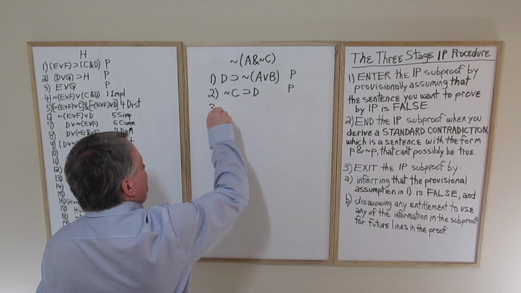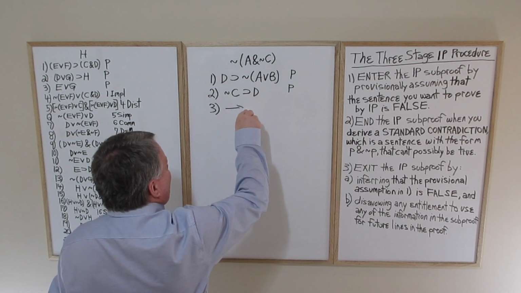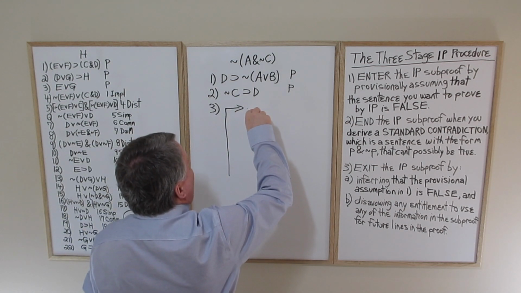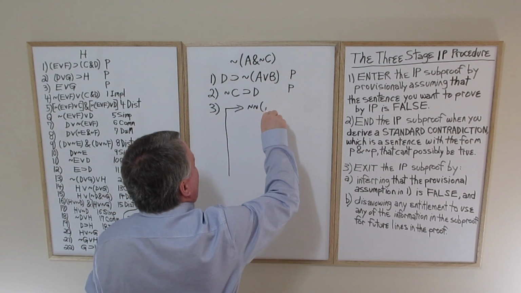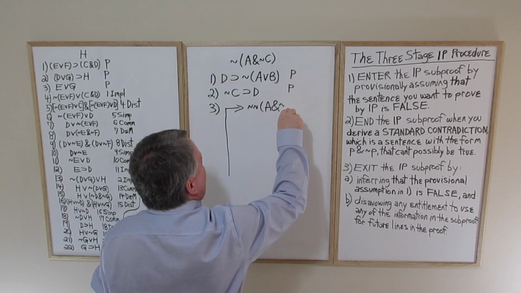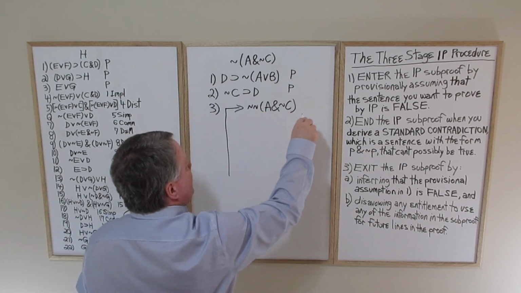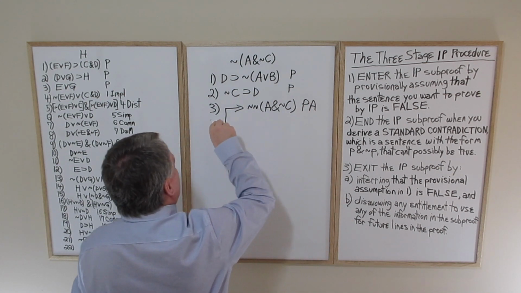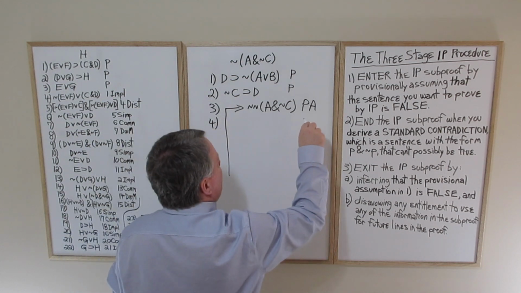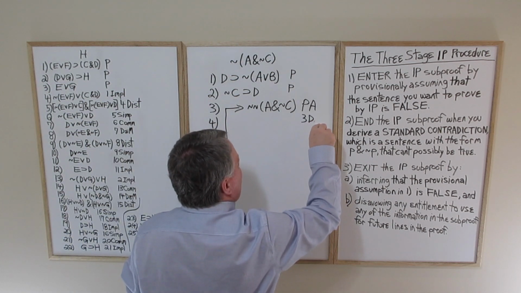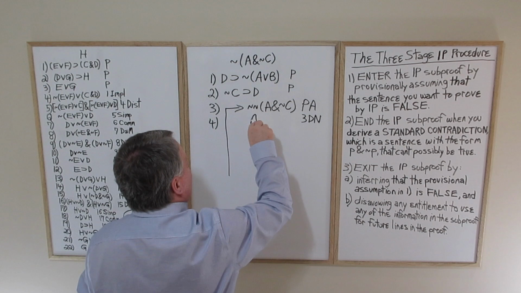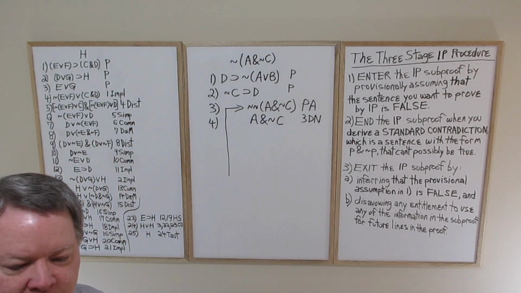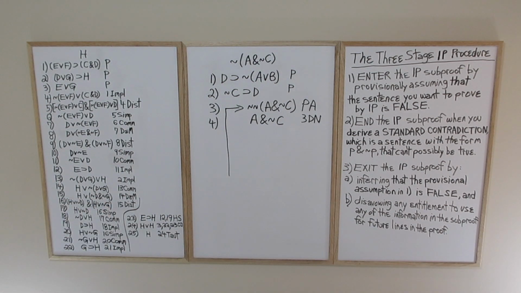So we can start off the IP here, instead of with tilde tilde A and tilde C, from which we then have to do 3 double negation to get A and tilde C, and proceed on from there.